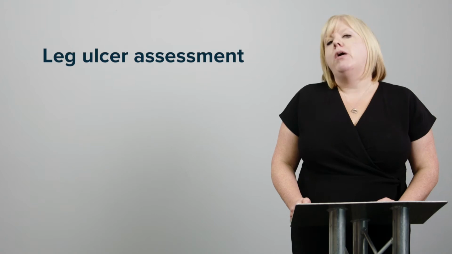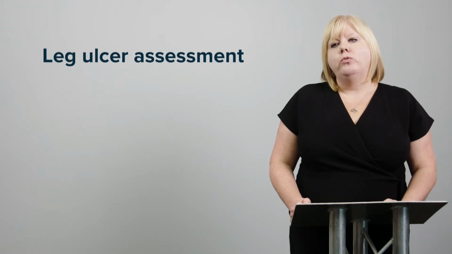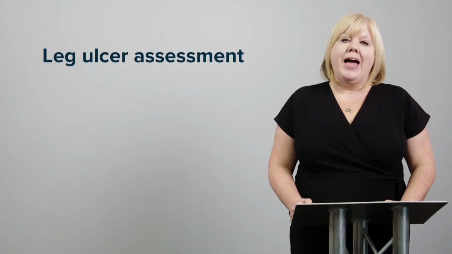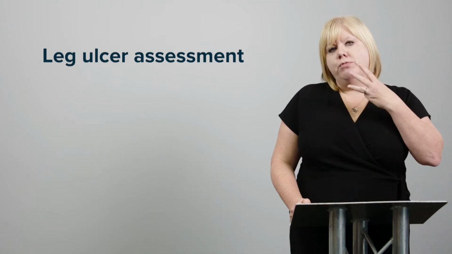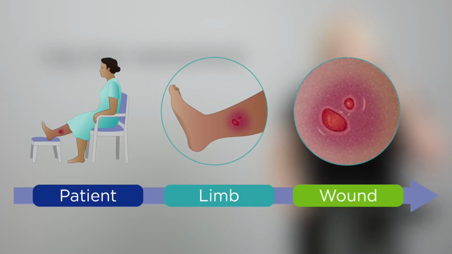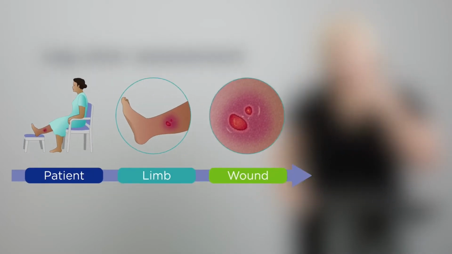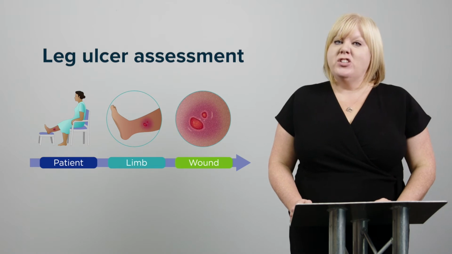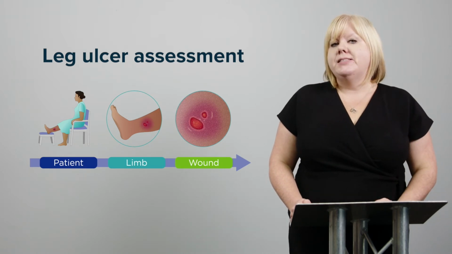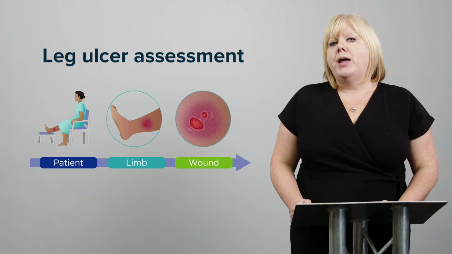When we think about a lower limb patient with a wound, we really need to be thinking about that holistic assessment. And that holistic assessment comes in 3 forms to me. It's about the assessment of the patient, the limb, and then the wound. Many of us start to jump straight to assessing a wound, and it really is bad practice when it comes to leg ulceration.